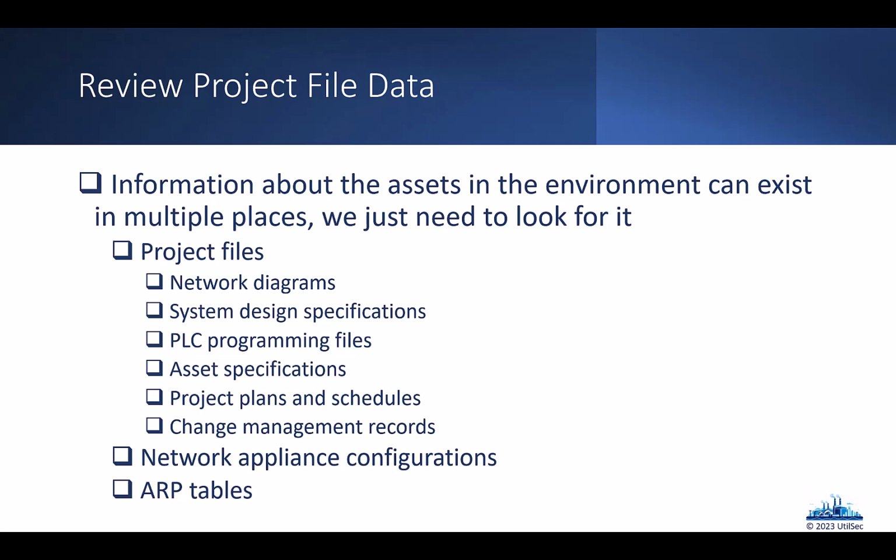The ARP table will give us a list of all the IP addresses, and the associated MAC addresses, that the switch or firewall is aware of. So again, those are more clues to discover assets and start filling in that asset register, start filling in that puzzle to complete the picture.